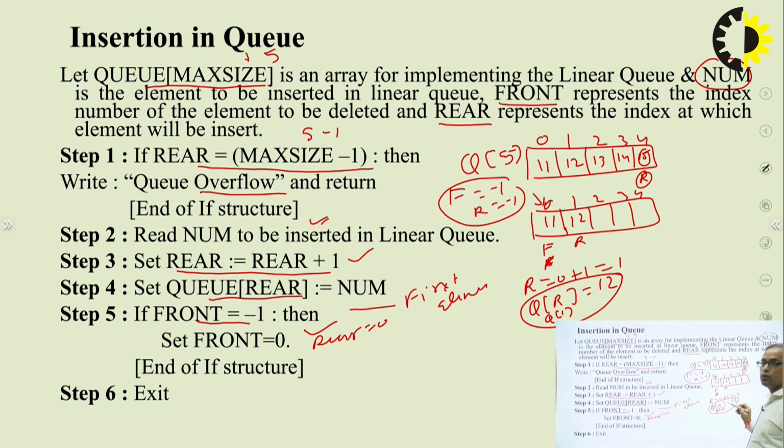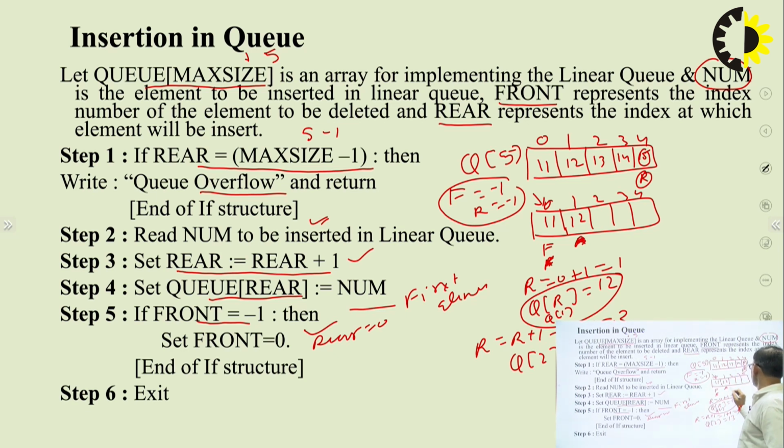Now we are going to insert the third element. Again, using this step, increase the value of rear by 1, rear plus 1. It means 1 plus 1, that is 2, and on index 2 inside the queue we will insert the third element.